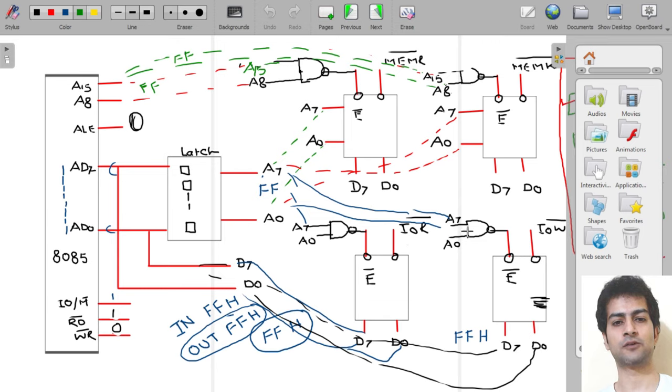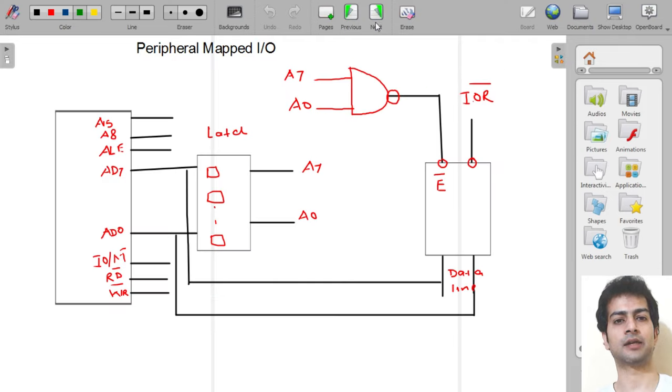When the microprocessor was dealing with input output devices using IN and OUT instructions, then there we saw peripheral mapped input output. But let's see it again in detail.